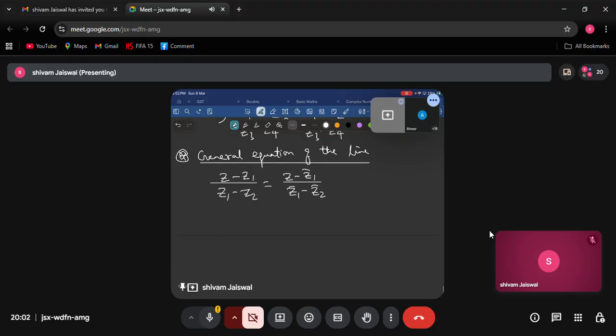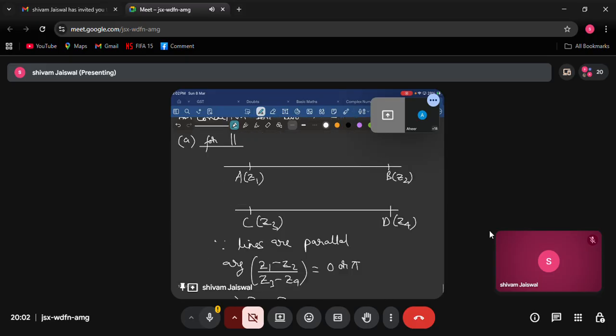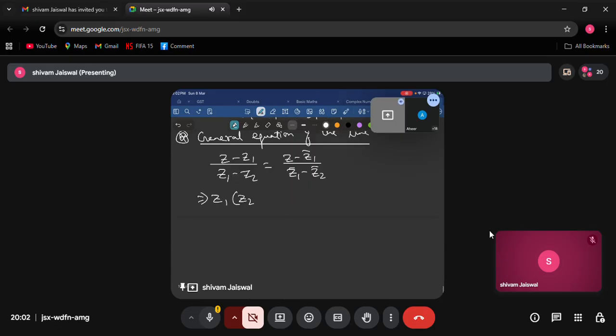Okay. So when you simplify this, this will become z1 z2 bar minus z1 bar z2. So it is (z2 - z1)(z2 bar - z1 bar).